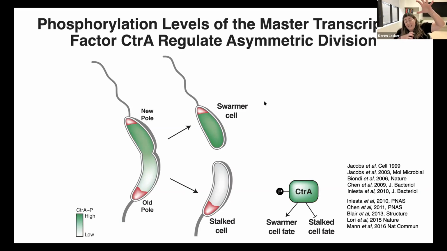Those signaling proteins residing at the new pole would lead to activation of CtrA, and those residing at the old pole will lead to deactivation of CtrA, such that once a cell divides, you have a swarmer cell that is full of active CtrA, which would promote expression of genes needed for the swarmer cell. And the stalk cell will be cleared of CtrA, allowing initiation of DNA replication.